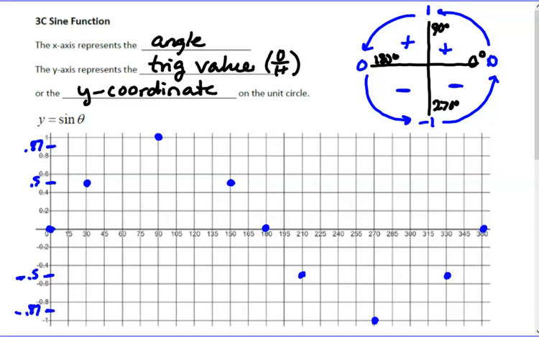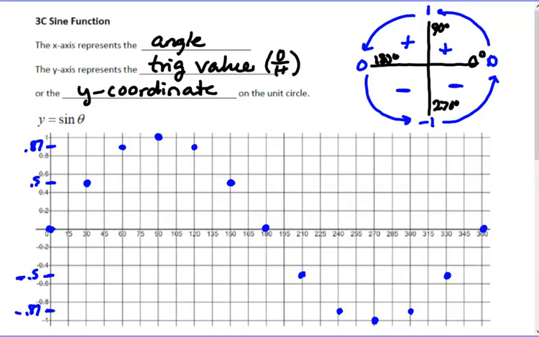And so my two angles that have that trig value would be 60 and 120 on the positive end, and 240 and 300 on the negative end here. Okay, so those are the values where sine equals 0.87.